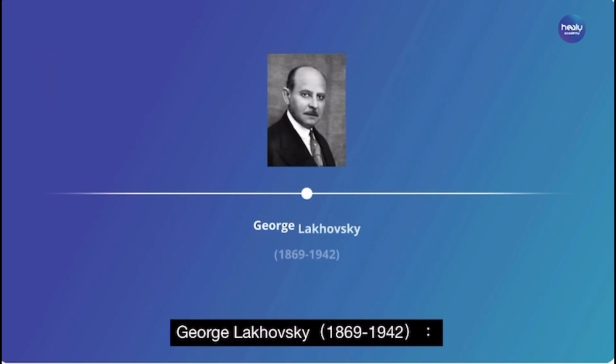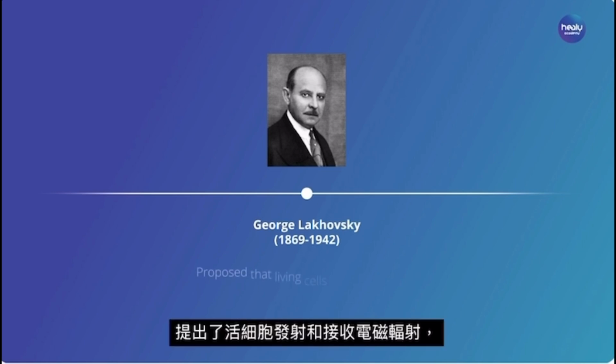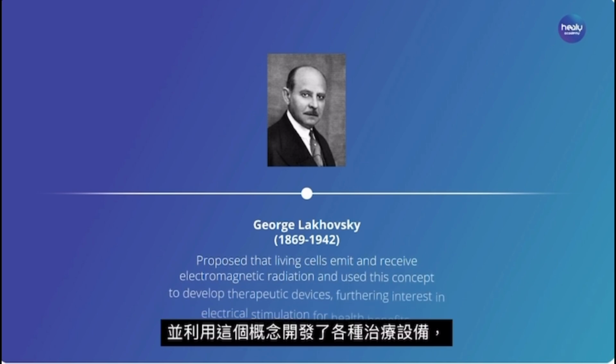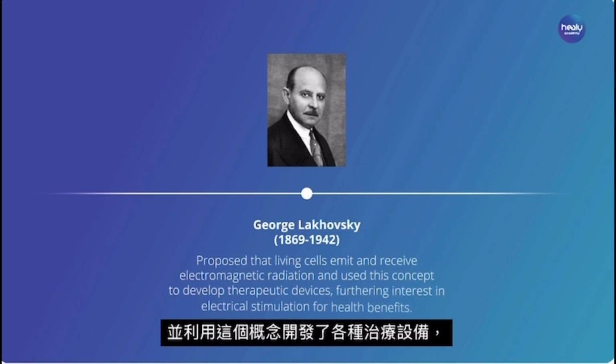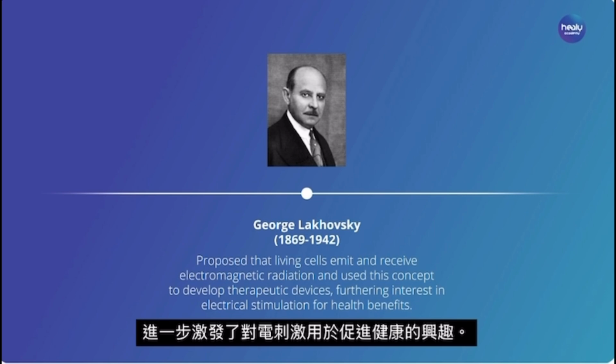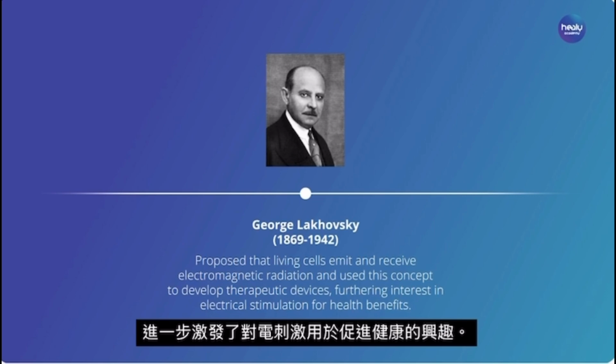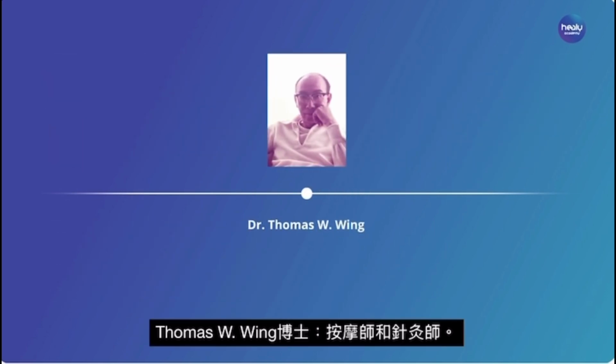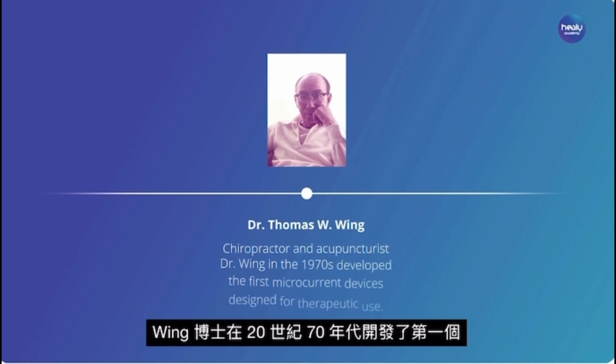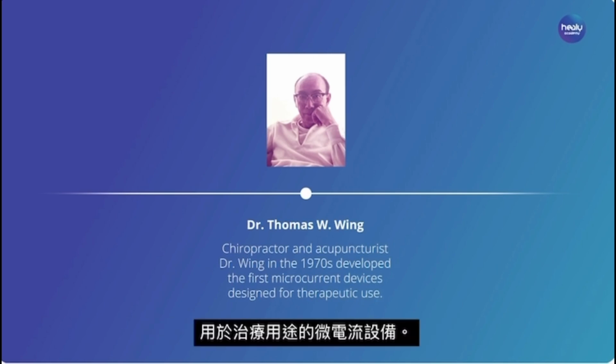George Lakhovsky, 1869 to 1942, proposed that living cells emit and receive electromagnetic radiation and used this concept to develop therapeutic devices, furthering interest in electrical stimulation for health benefits. Dr. Thomas W. Wing, chiropractor and acupuncturist, in the 1970s developed the first microcurrent devices designed for therapeutic use.